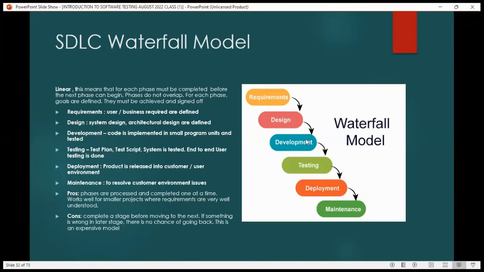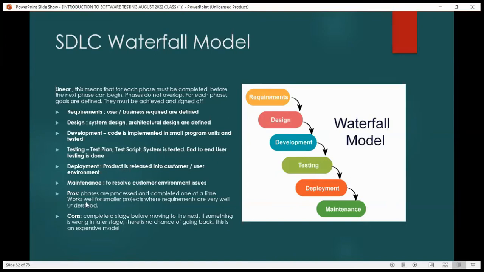After they finish building everything, no testing has been done, then they send it to the testing team. Test, oh, it can't do anything at this phase, nothing. We have to still continue with deployment, and by the time we get to the user's place, we find out that unfortunately we can't launch the application. So at this phase, we have to go and start all over again. Take the requirement, do the whole thing back and forth till you get to maintenance.